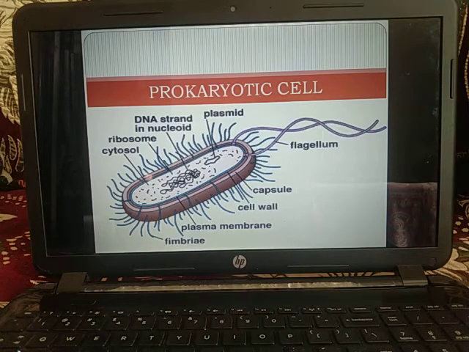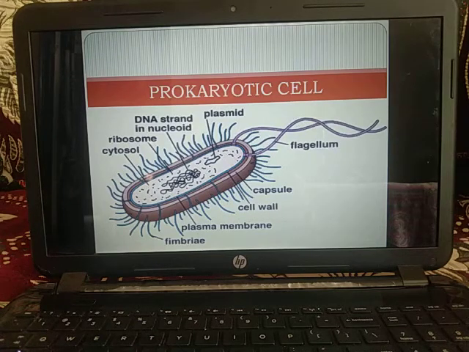Hence it is known as prochromosome or nucleoid. Prokaryotic cells are known for their rapid multiplication. Average size is 2.0 to 2.6 micrometer long and 1.1 to 1.5 micrometer wide.